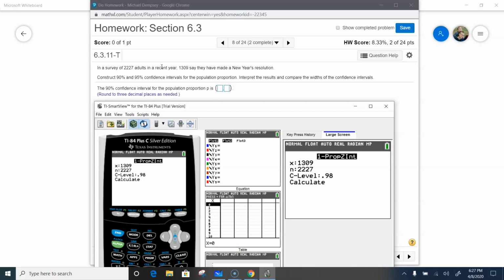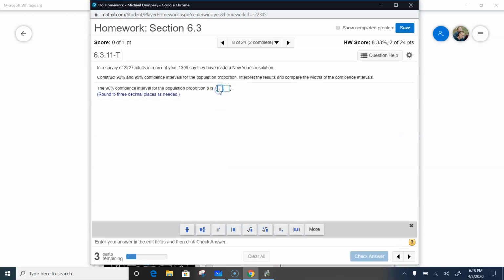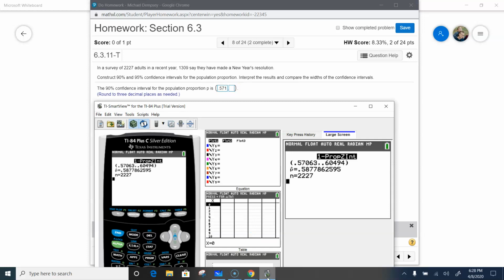We're going to do 0.9, and I think I showed you this in the last section, and we'll do 0.95. It'll be real easy for us. So for p to 3 decimal places, we can see it right here: 0.571. And then for the second one to 3 decimal places, 0.605.